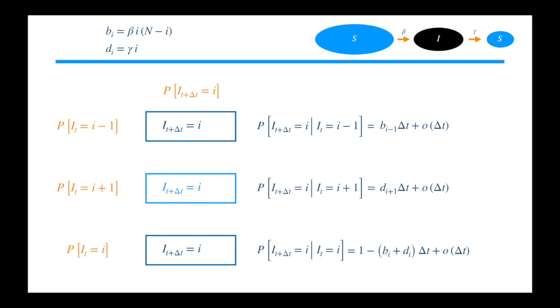Now to link the probabilities of the process values at time t plus delta t to the probabilities of the process values at time t, we just recall the Chapman-Kolmogorov equation.